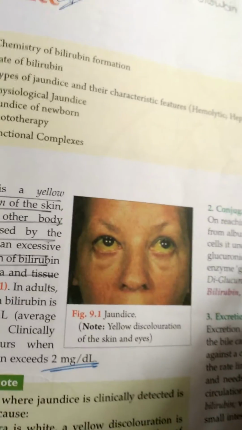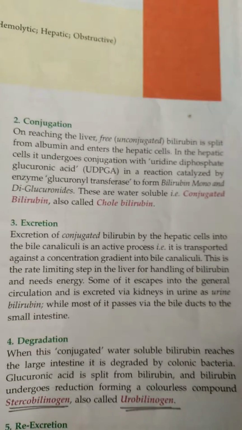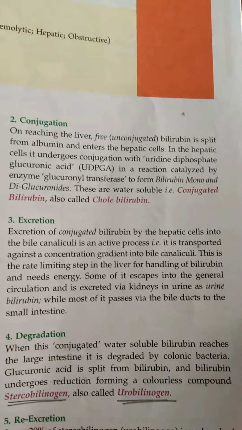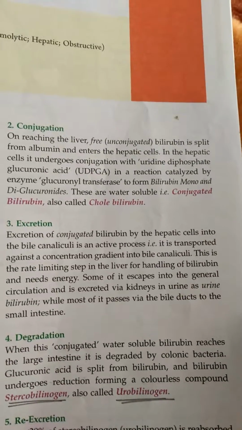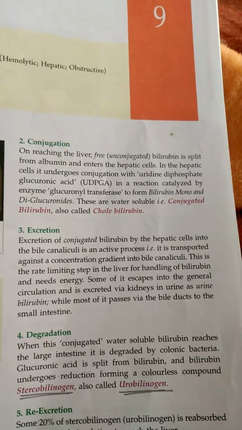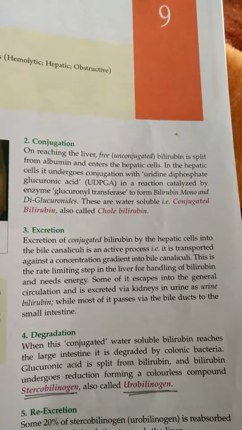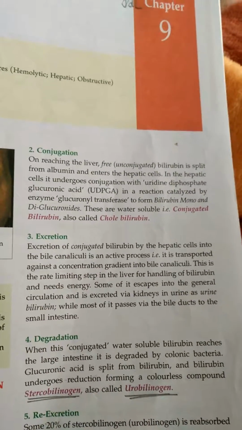On reaching the liver, the free or unconjugated bilirubin is split from albumin and enters the hepatic cells. In the hepatic cells, it undergoes conjugation with a compound called UDPGA, uridine diphosphate glucuronic acid, and it becomes conjugated.